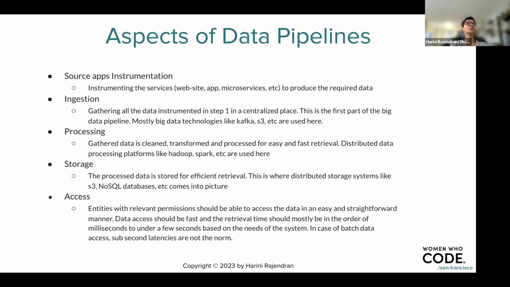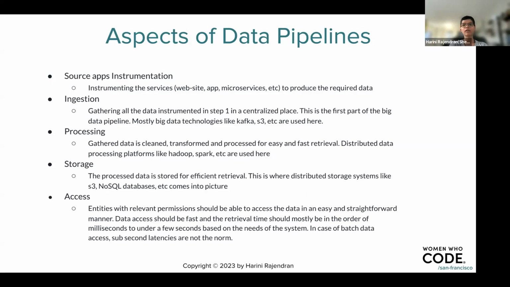So once this whole transformation and everything is done and data is stored, it doesn't stop there. And data is of no use unless someone can access it and query it and use it properly, right? So that's where the final aspect comes into the picture, which is access. Again, not everyone should be able to access everything.